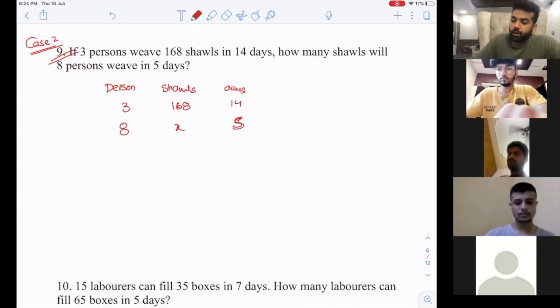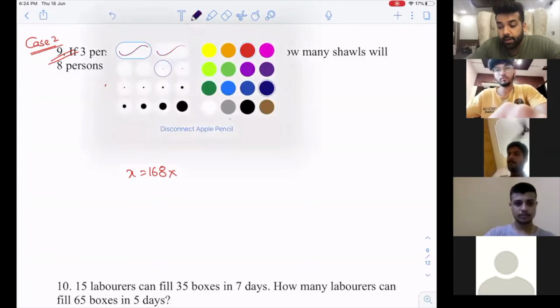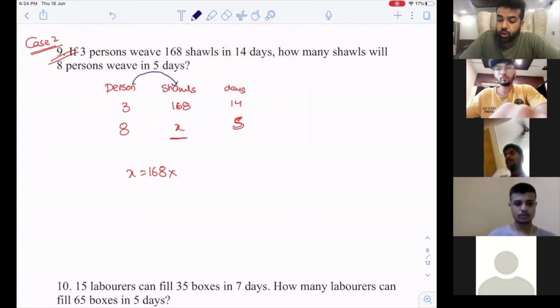Okay. What is not given is number of shawls, so x would always be equal to shawls. Clear everybody? In the earlier case we only had 2 factors, now we have 3 factors. We have to ask ourselves a question: if 3 persons can weave 168 shawls, as I said, known with unknown. जब हम इन दोनों को कंपेयर करेंगे we will not look at this.